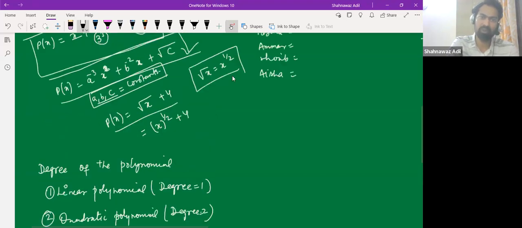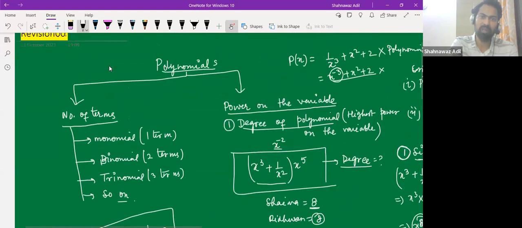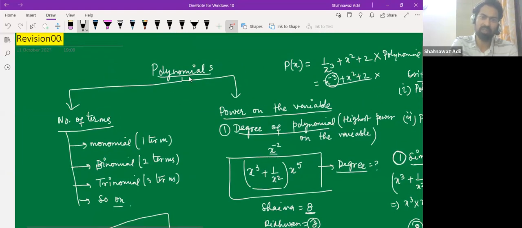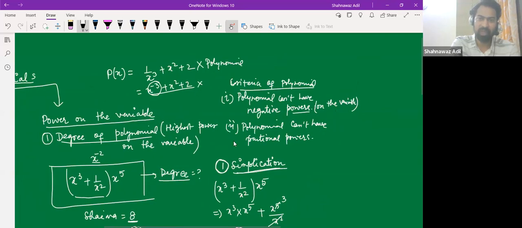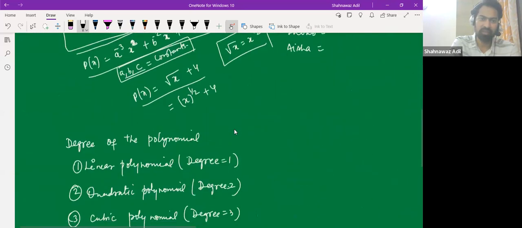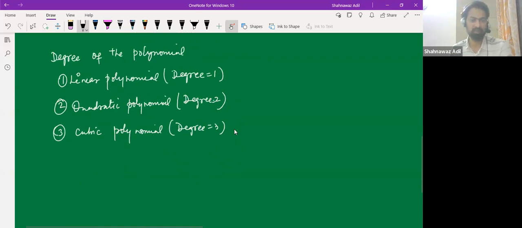So what did we do? We understood two definitions of polynomial, one on the basis of number of terms and the other on the basis of degree of the polynomial. We also saw the criteria of a polynomial, and after that we talked about the kinds of polynomial on the basis of degree.